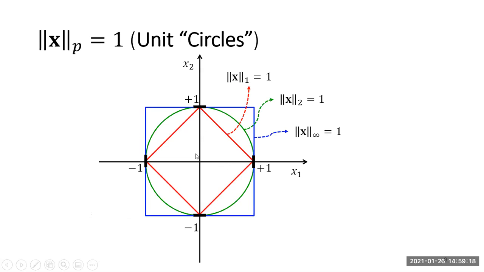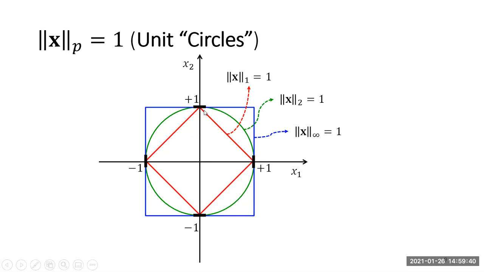For instance, consider the vector 0, 1. This is x1, this is x2. Consider the vector x1 equals 0, x2 equals 1. It's vertical, right? What's the L1 norm? 1 plus 0, which is 1.